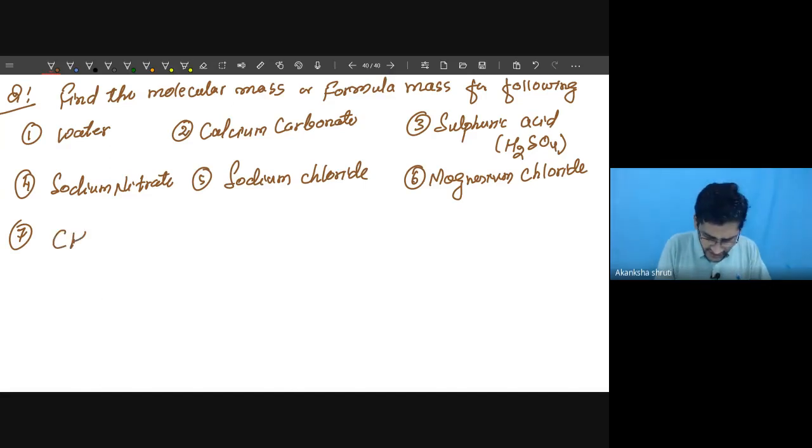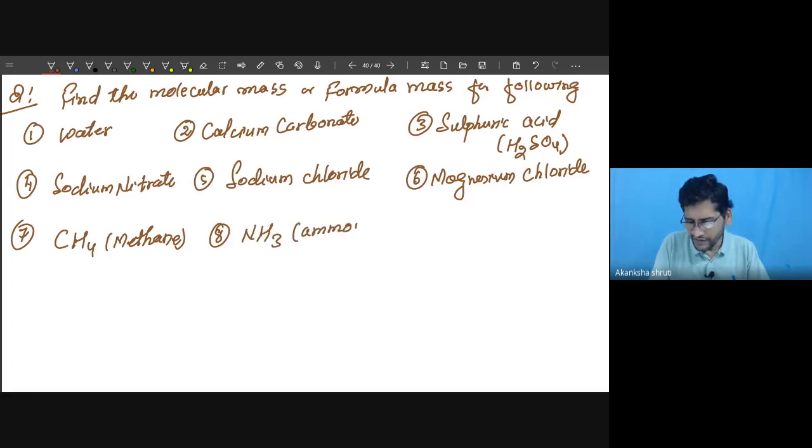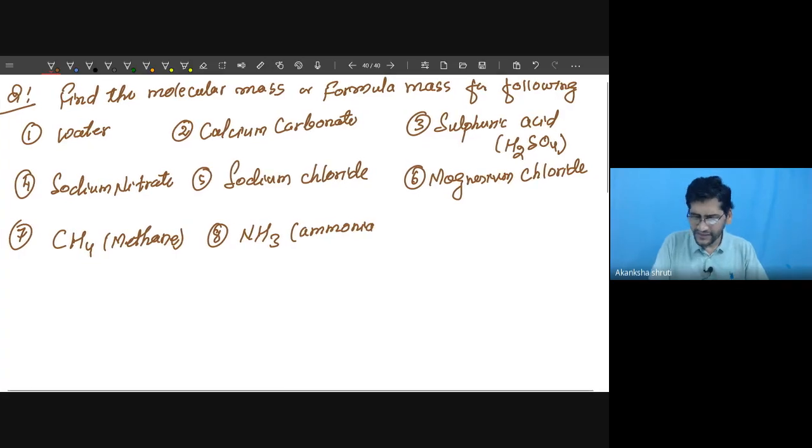So let us write CH4 itself. The name of this CH4 molecule is methane. So whether methane is written or CH4 is written, it means this. The eighth one, ammonia or NH3. So whatever molecules we have learned, all those are very important.